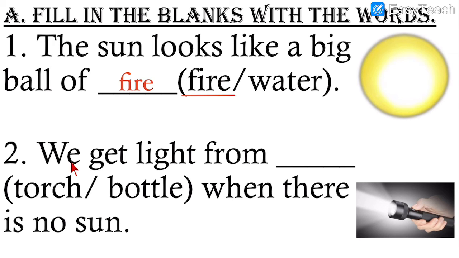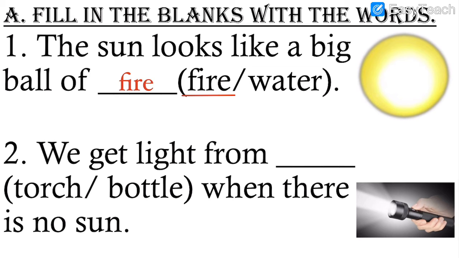Number 2. We get light from dash when there is no sun. So when there is no sun, from where do we get light? Torch or bottle? See, what's this? Is it a bottle or is it a torch? It's a torch. It gives out light. At night time, sometimes we want to go out somewhere.